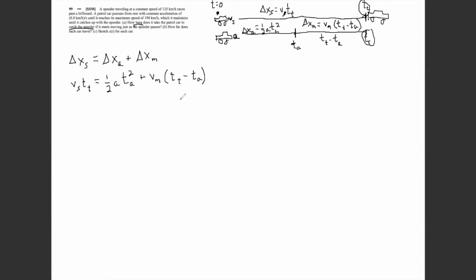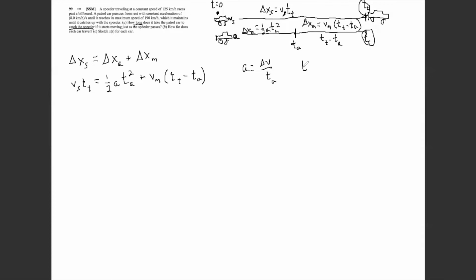Now, the only issue here is we don't know what TA is. We don't know the time of the acceleration. So we need a second equation of some kind to figure that out. There are many different ways, but I think the easiest and most obvious one would be to use the definition of acceleration: A equals delta V over T. And the T we're talking about is that accelerating time.